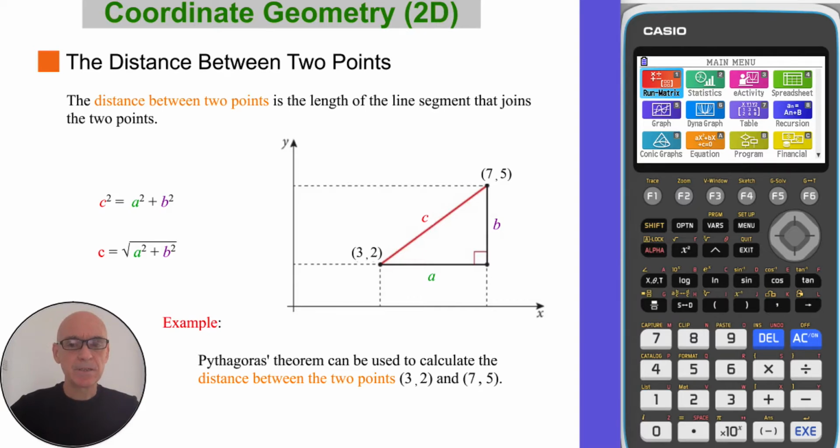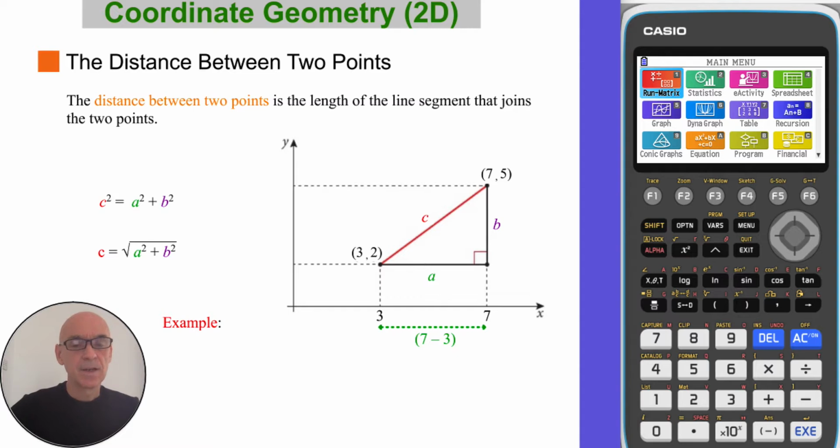The distance between 2 points is the length of the line segment that joins those 2 points. In the example shown, Pythagoras' theorem can be used to calculate the distance between the 2 points given. If we first subtract the x-coordinates of the 2 points, as shown, we get a equals 4, then subtracting the y-coordinates of the 2 points gives b equals 3.